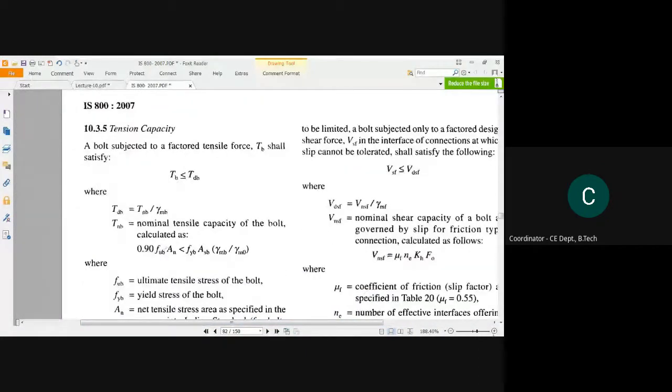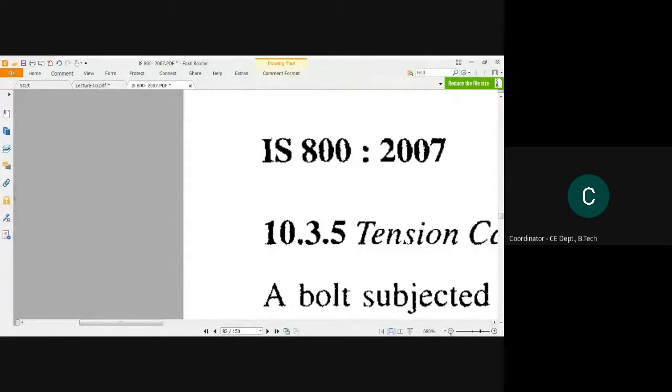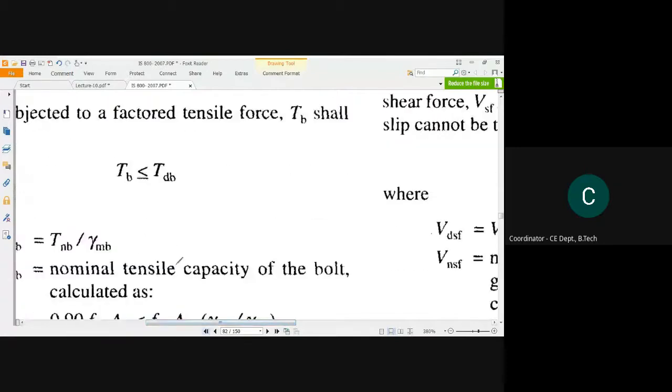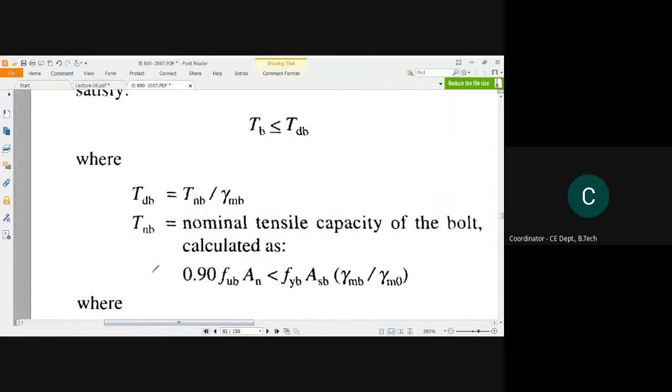See, in tension, the formula is represented as follows. Here, first TNB, which is the nominal tensile capacity of the bolt, which is calculated as 0.9, meaning we are considering only 90%, not 100%, of the ultimate stress of bolt into AN.